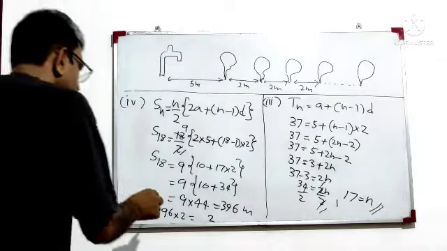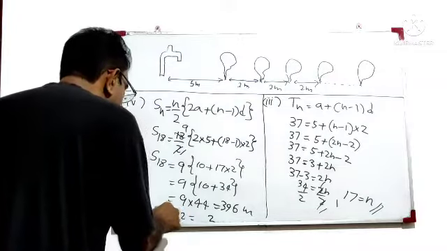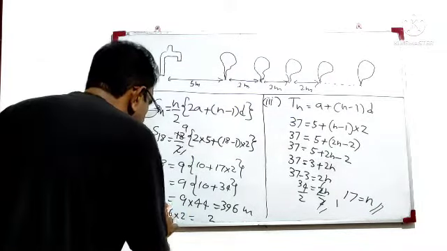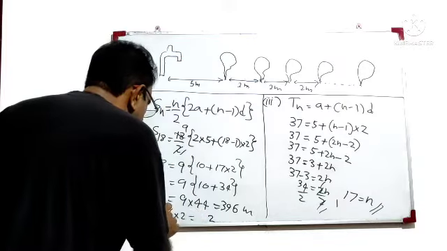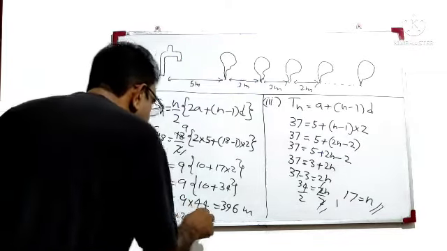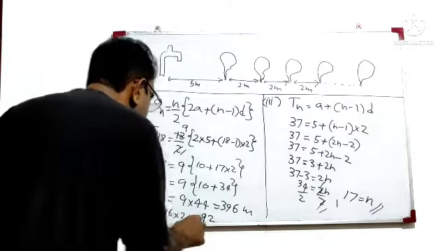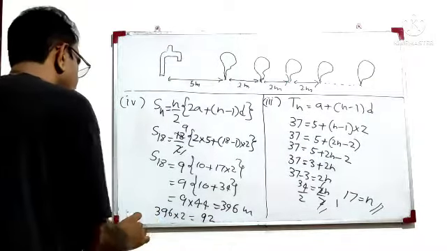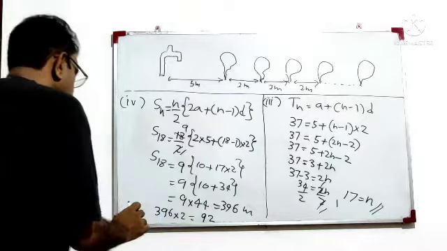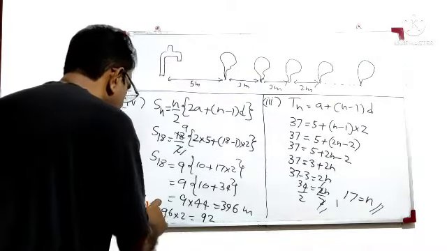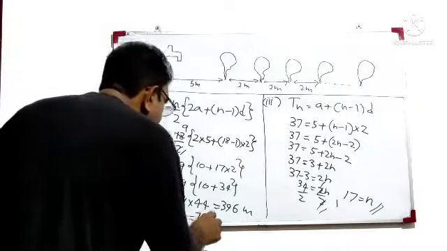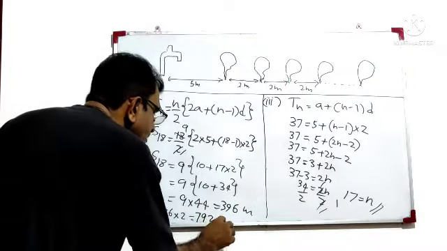Right? 2 times 9, 18. 18 plus 1, 19. 2 times 3, 6. 6 plus 1, 7. What is that? 792 meters.